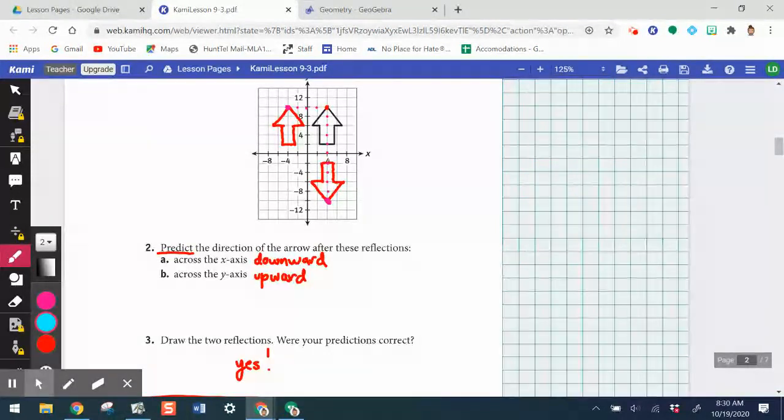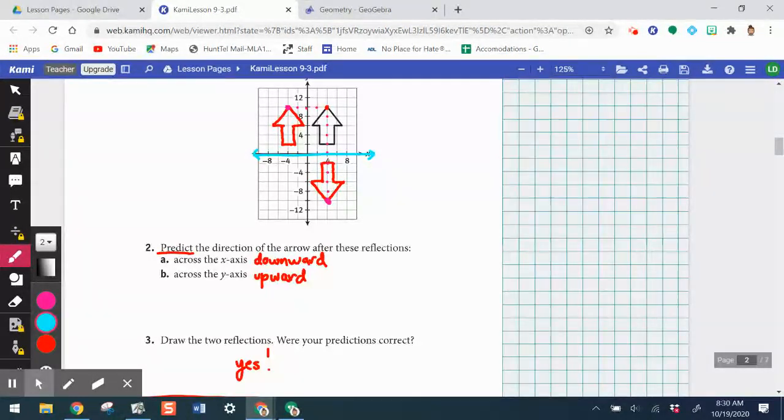And after the first reflection across the x-axis, the pre-image tip is located 10 units from the line of reflection. This grid, every square is 2 units. So this point is located 10 units, 2, 4, 6, 8, 10 units from the line of reflection. And so make sure when you reflect across the x-axis that tip of the arrow is still 10 units away from the line of reflection.